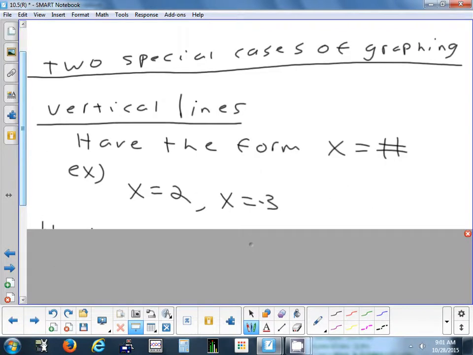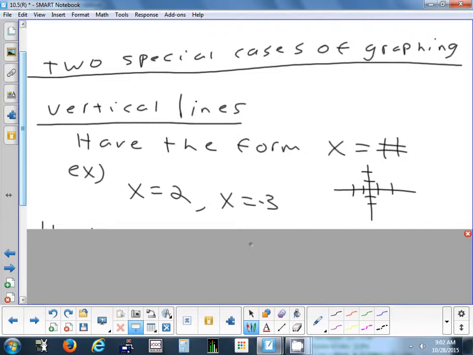This first one here would be a vertical line. What number do you think we would put the vertical line at? 2. This one would be a vertical line, and we would put it at the number 2. If you were going to graph it, you had your graph paper set up. How do I get to 2?